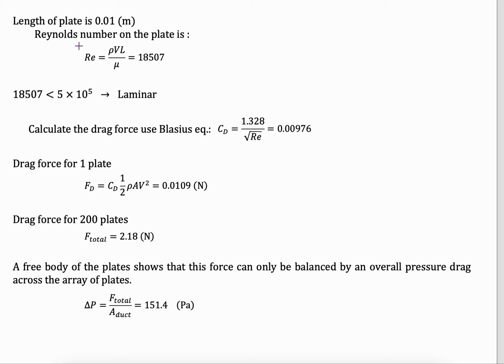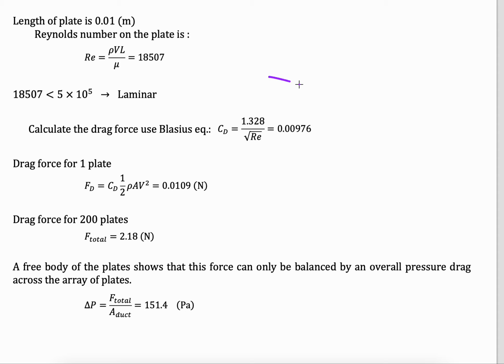And then we need to calculate what happened on the plate. Because the plate is very short, 0.01, we calculate the value of the Reynolds number here, and we get 18,000. So again, you need to understand the phenomenon, the situation, and choose the right limits.